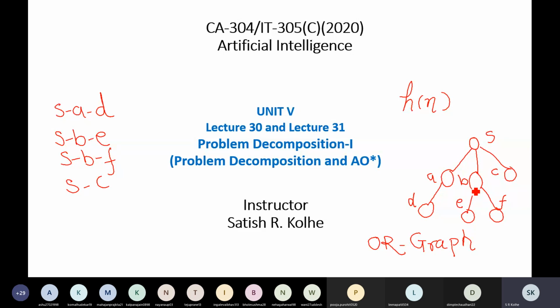Such arcs, where you will have to solve multiple subproblems to solve the parent subproblem, are called AND type of subgraph or AND type of arc, which is denoted by something like this.